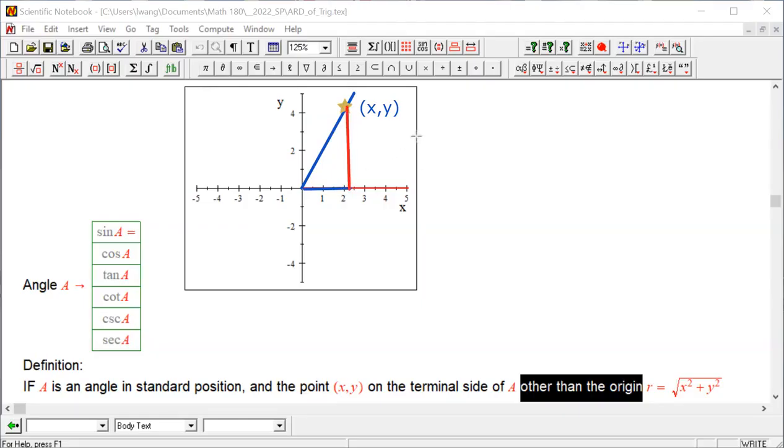Okay, so let's mark it. Let me get the color right. The blue color is x. The red color is y.